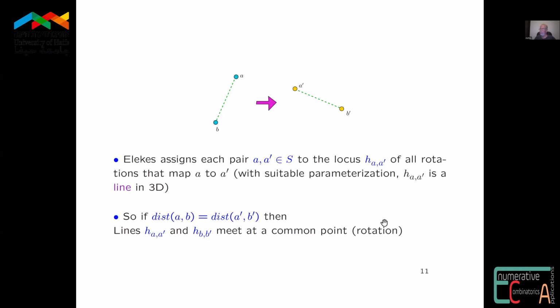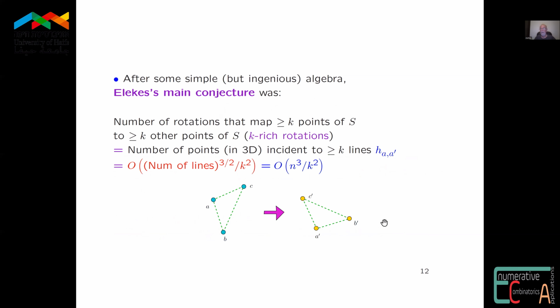So it is again an incidence problem between points and lines in 3 dimensions, which is the common theme between this problem and the joints problem that I mentioned earlier. Then there come some very simple and ingenious algebraic calculations, basically the Cauchy-Schwarz inequality.